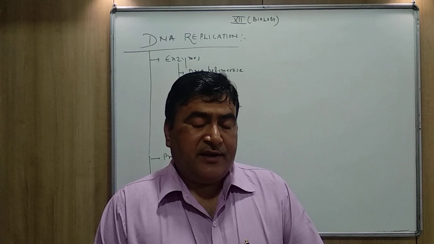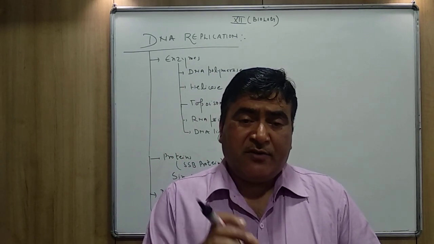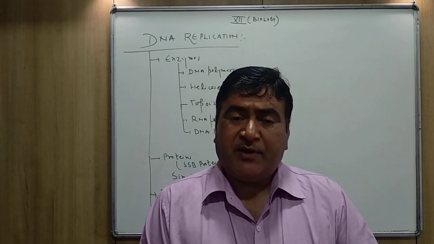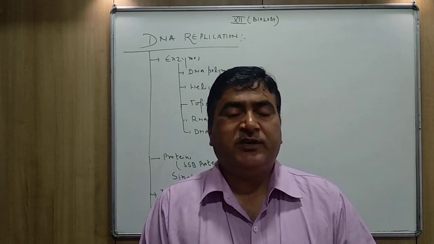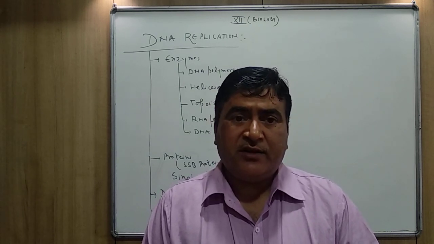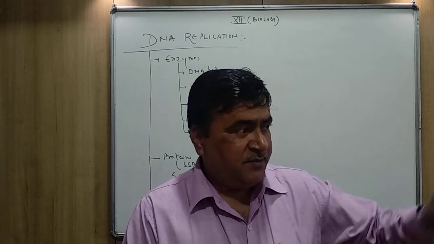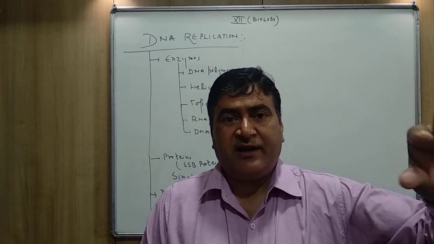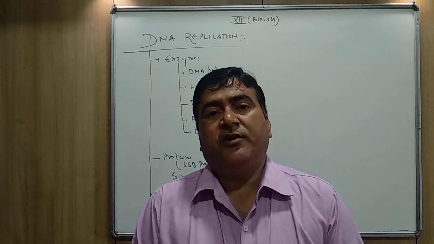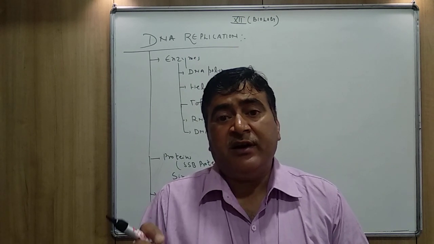The DNA replication starts at a particular point. At a particular time, not the whole strand is going to be separated. The replication takes place on the DNA strand at a specific position, and that position is called the origin, or origin of replication.